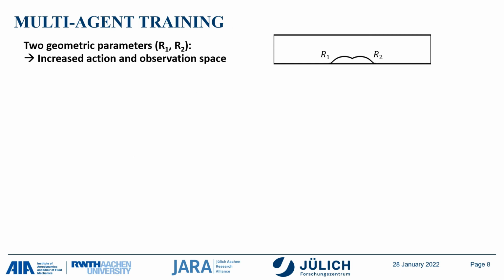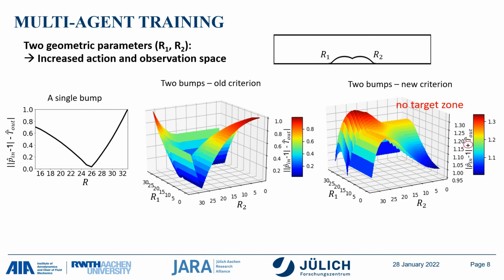Moving on, a multi-agent version of the PPO algorithm was trained on two overlapping bumps in the computational domain. A decentralized training technique was utilized here. Initially, the difference in the normalized pressure and temperature was used as an optimality criterion for the single-agent training.